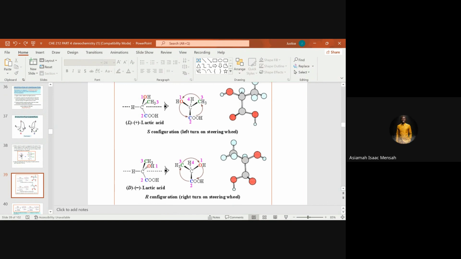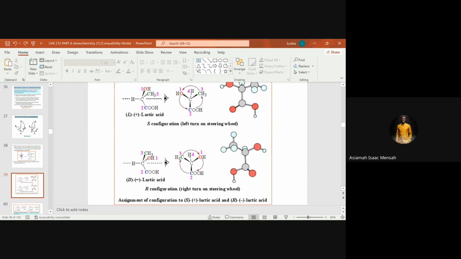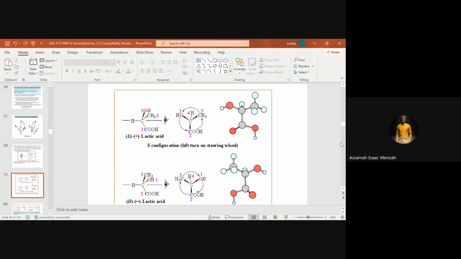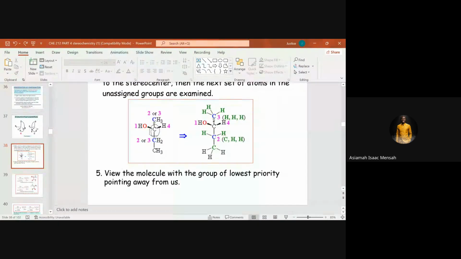Sir, please a question. Yes. Please, can you show the slide, the next slide before you came to this? Concerning the first one, the center carbon is a chiral carbon, right? Yes. Okay.